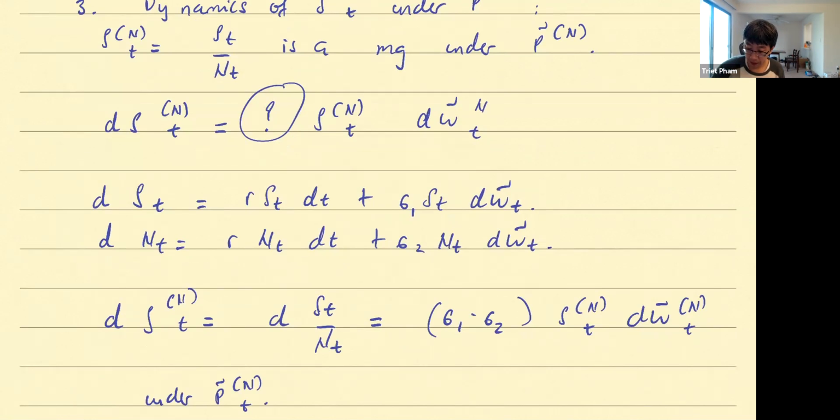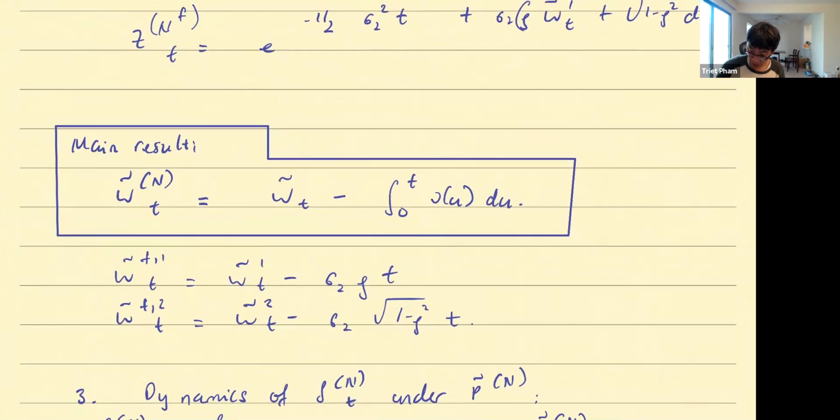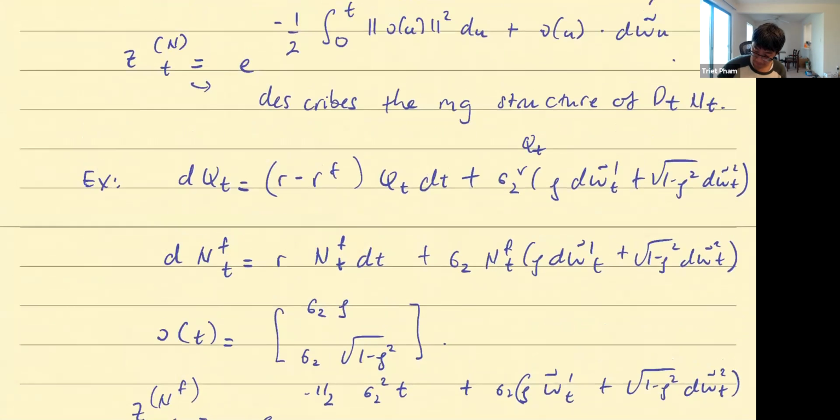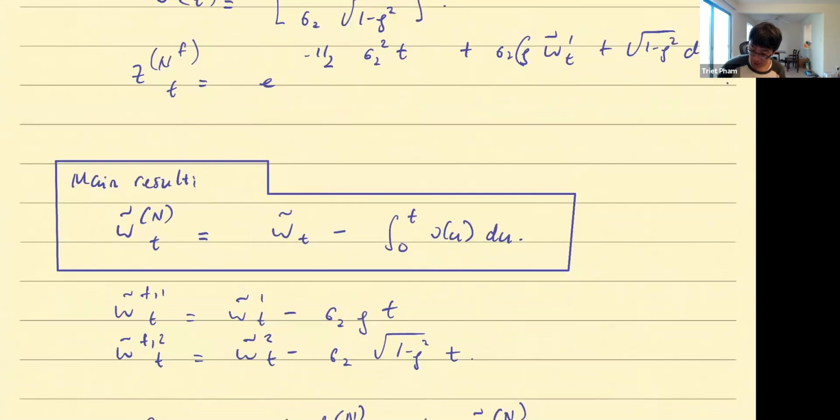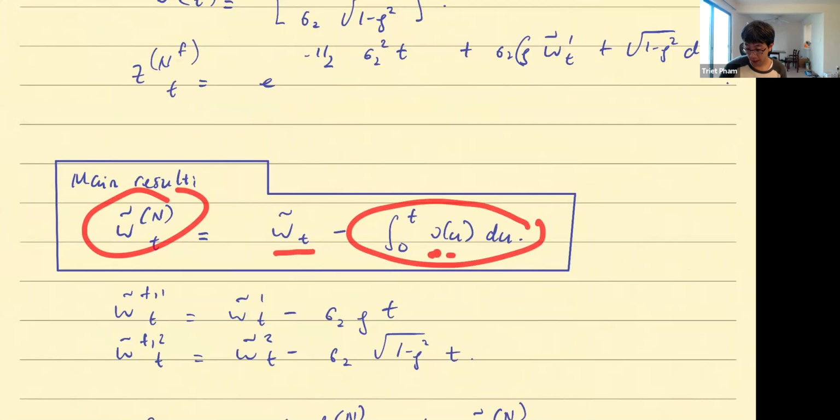So the message for you is the following. Under the new probability, the new Brownian motion is the old Brownian motion subtracting the drift, subtracting that volatility.